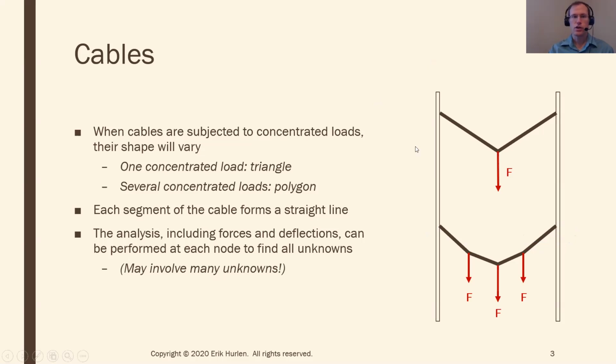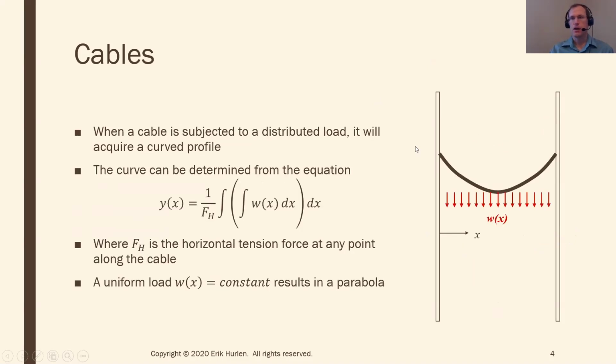So these are for concentrated loads. We could also have a uniformly distributed load, or not necessarily uniform, just some sort of distributed load acting along the cable, some weight function that varies with my horizontal distance x. This one is drawn uniform, with the same size arrows, but that's just one example.